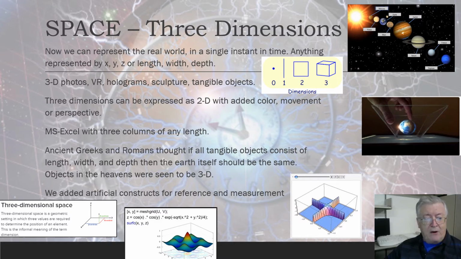We found out that using the earth for an origin reference didn't work as well as using the sun as a reference point. And so the sun became the center of the solar system. And then we advanced from there.